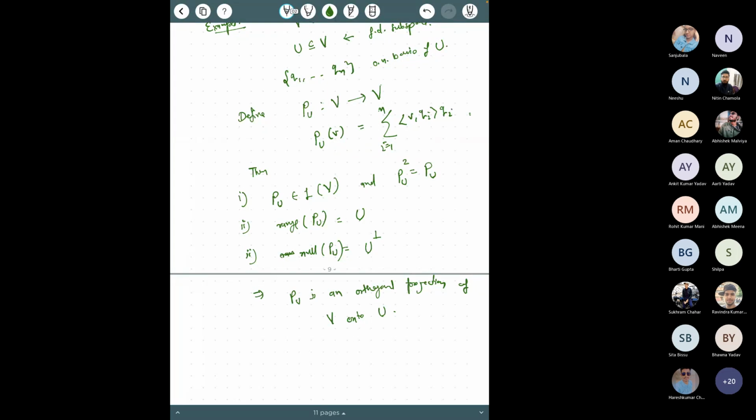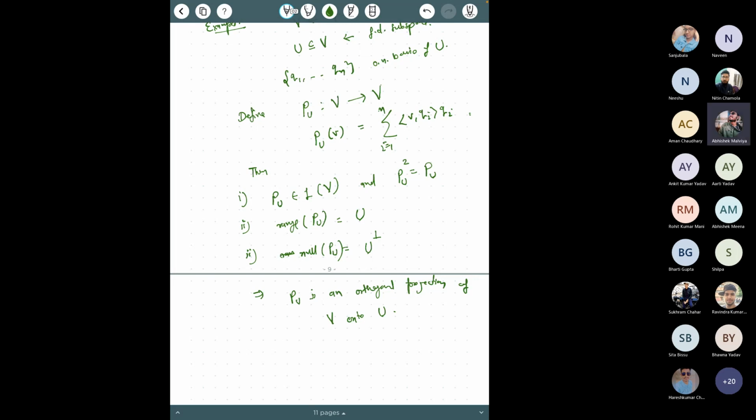If you have any doubt, you can ask. Otherwise, we stop here. Sir, the last line of the example. Yes, projection of V onto U. It is awkward, but this is the way of saying it. Onto means the range of P_U is U, so it is on U. This is the language we use for this projection.